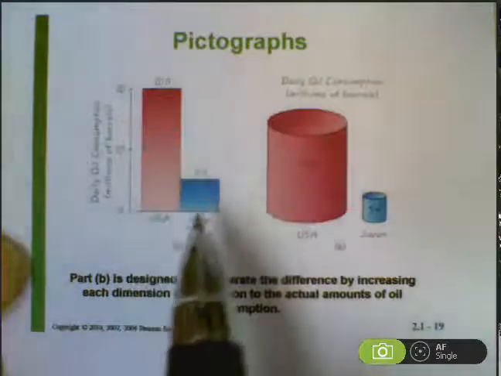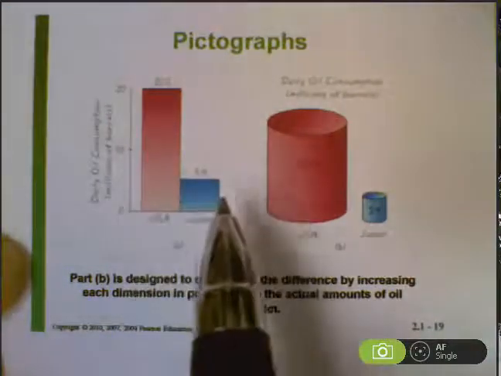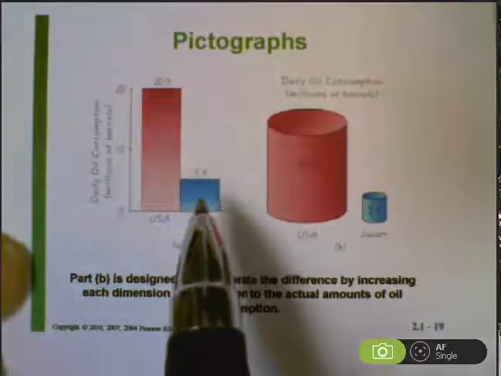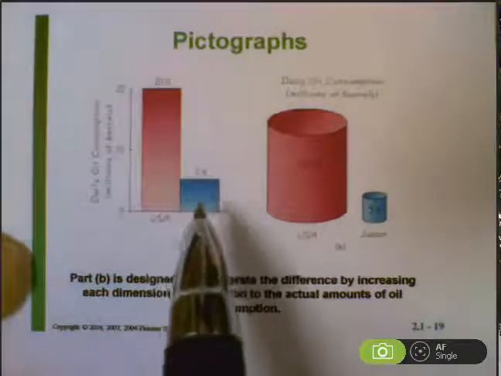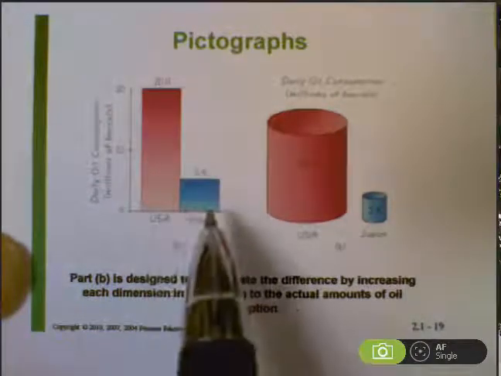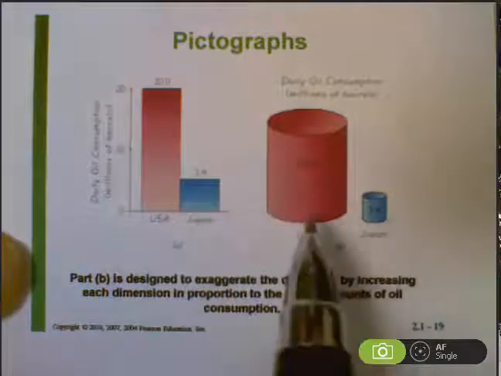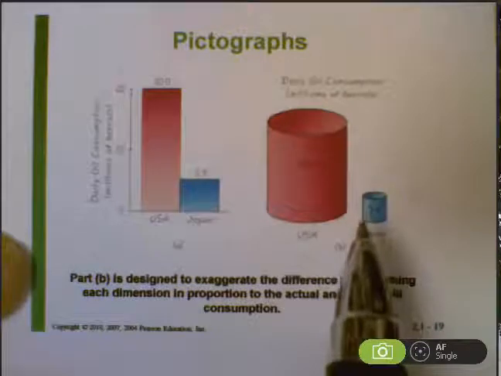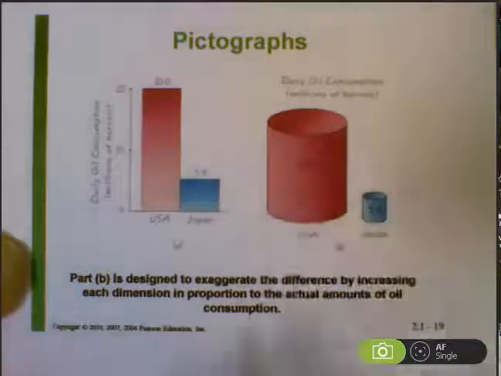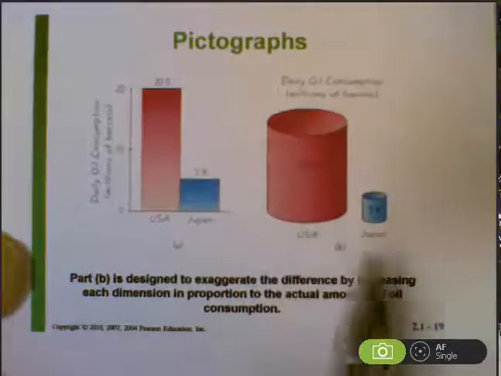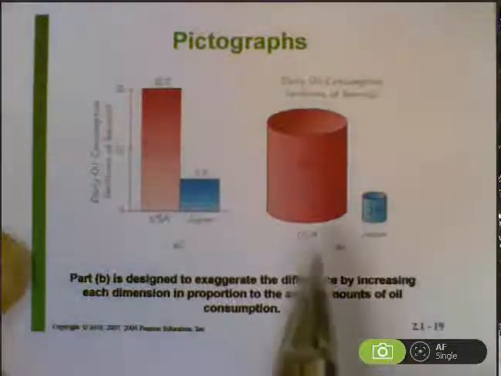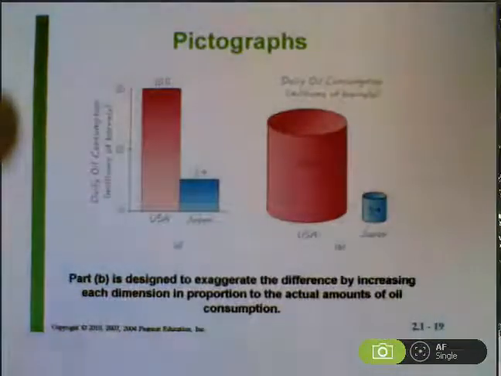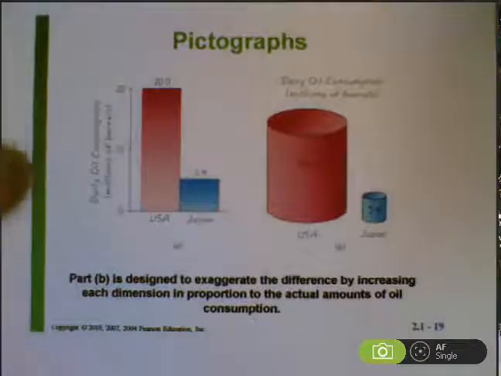We're still using about 4 times as much as them, but that is not nearly as dramatic as this picture makes it look. So when you use three-dimensional objects to portray two-dimensional data, it can skew the picture of what's actually going on.